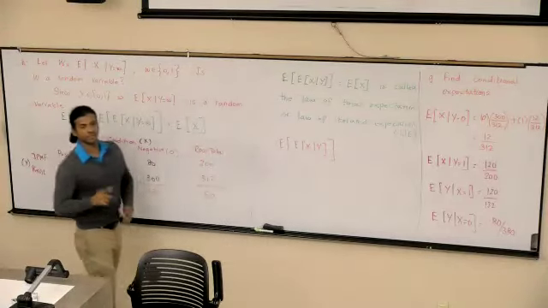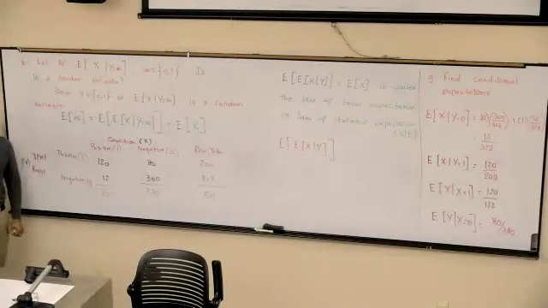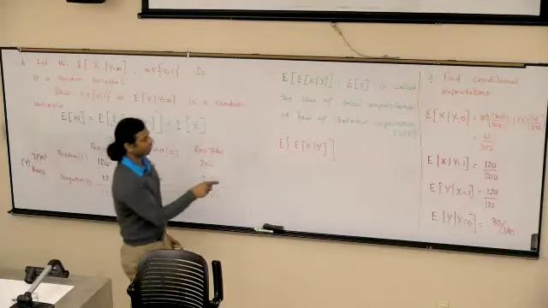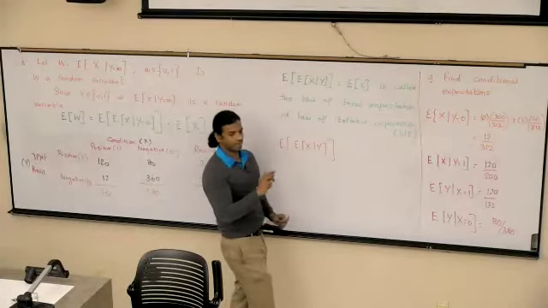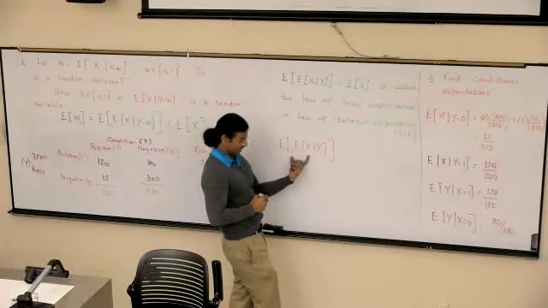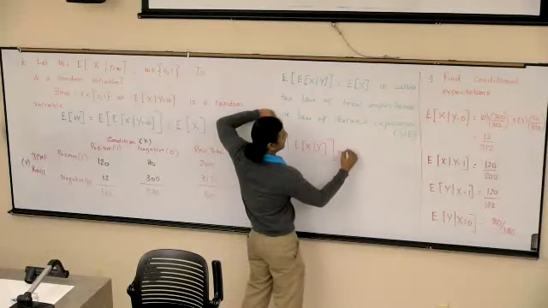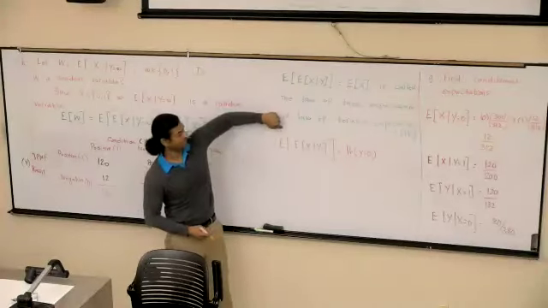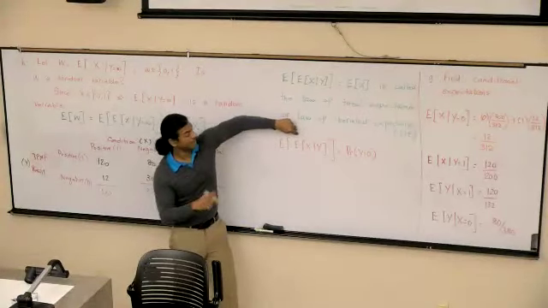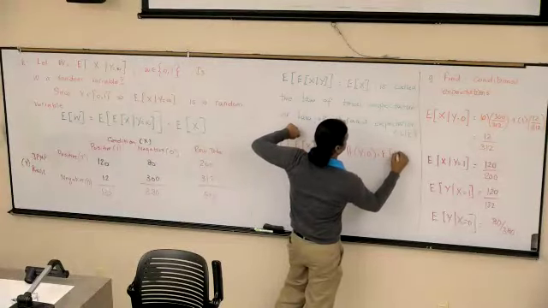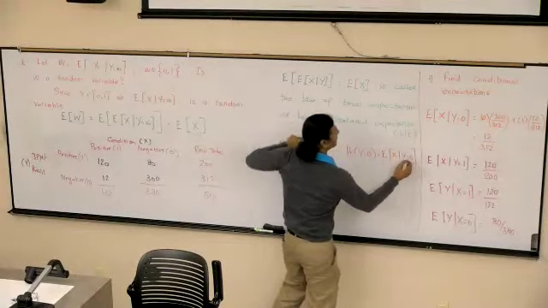This would mean I've got to condition it on two values, correct? For Y. What are the two values? The values for Y in this case are 0 and 1. So since I'm finding the expectation, I've got to find the probability Y equals 0, multiplied by the expectation of X given Y equals 0.